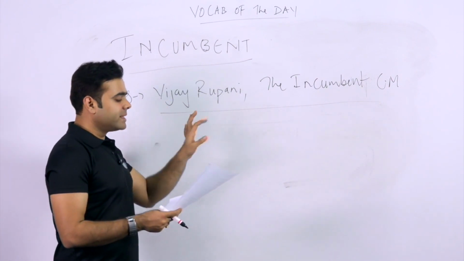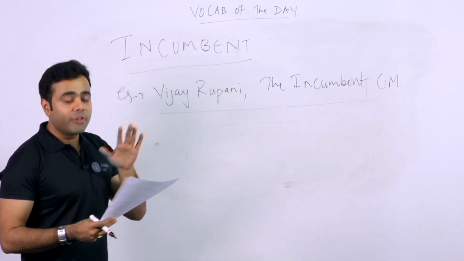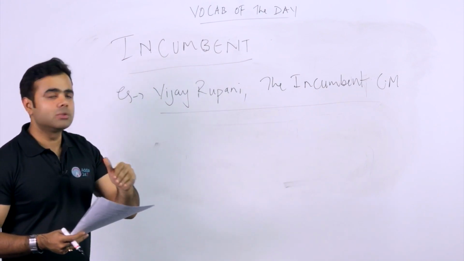Now, in the incumbent CM sentence, he won his Rajkot West seat comfortably even as the BJP conceded ground to Congress in Gujarat.